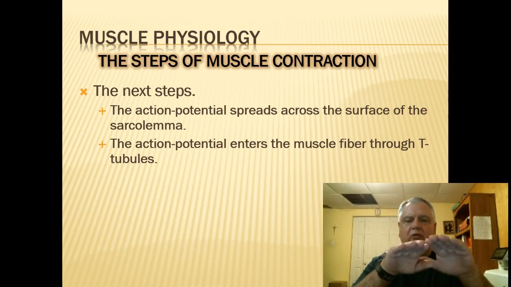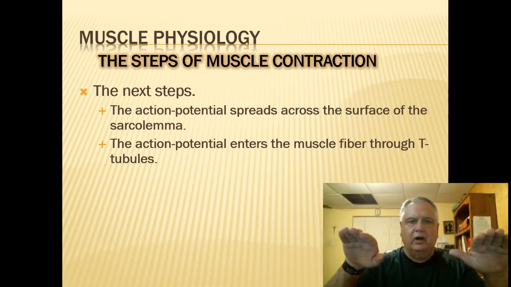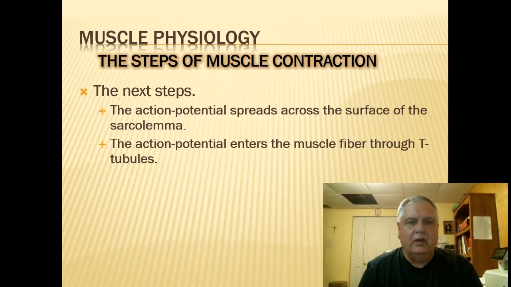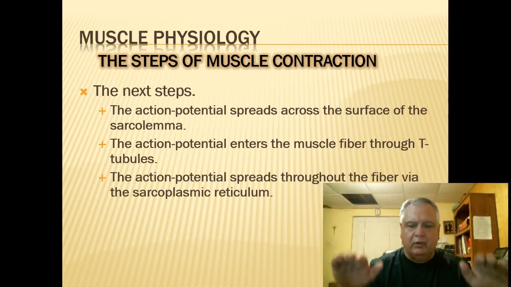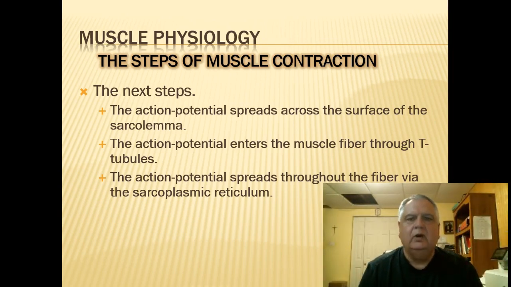The action potential, as it spreads across the surface of the sarcolemma, is eventually going to come upon a T tubule. T tubules are irritable as well, and they will respond to the stimulus by continuing to propagate the action potential, allowing it to spread down through those T tubules.